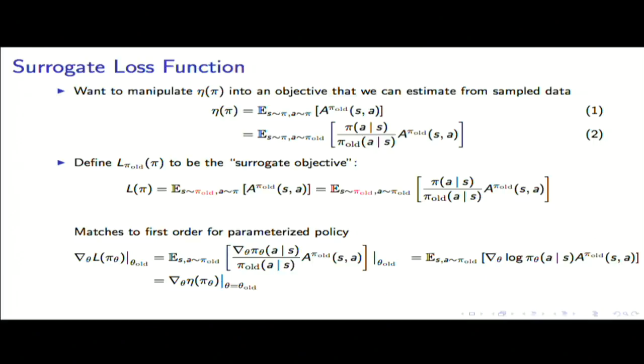Going from this expectation to this expectation, we said actions are going to be sampled from pi old instead of pi, but since we're changing the distribution, we have to compensate for it by adding this importance sampling ratio.